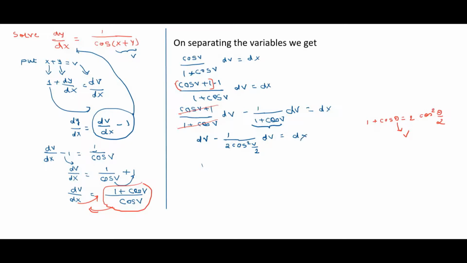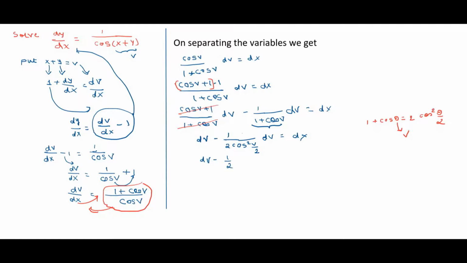Now again we can write it as dv minus, this is 1 by 2, I will write as it is.